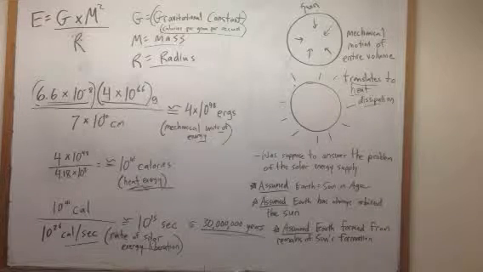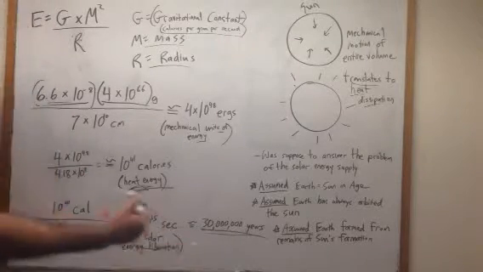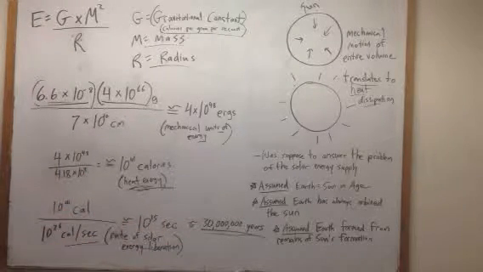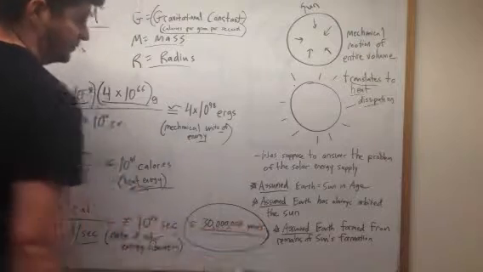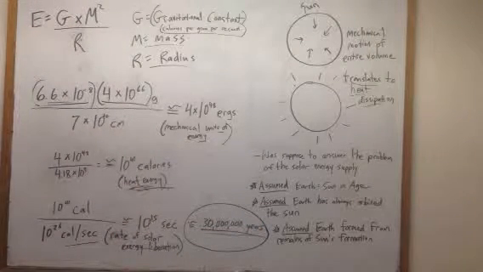Now, the main point of this is Kelvin, Lord Kelvin, a very intelligent fellow, and von Helmholtz, another very intelligent fellow. They came up with this to try to explain how the Sun could remain stable for so long.